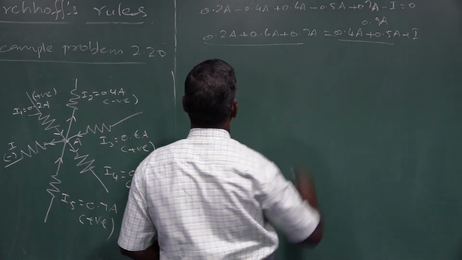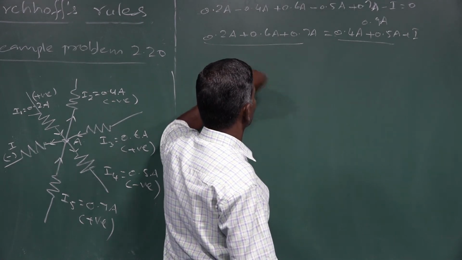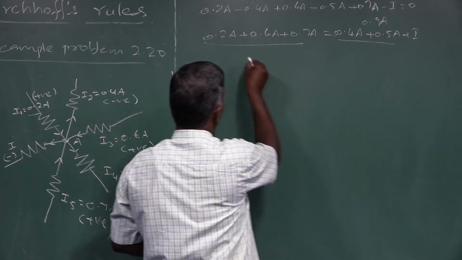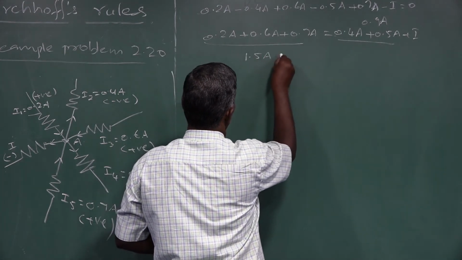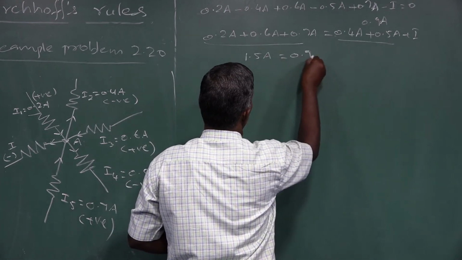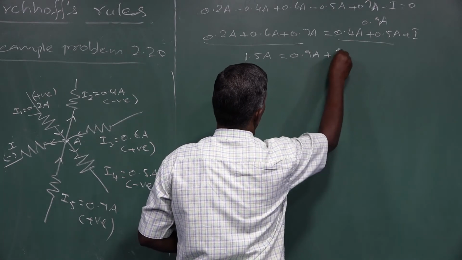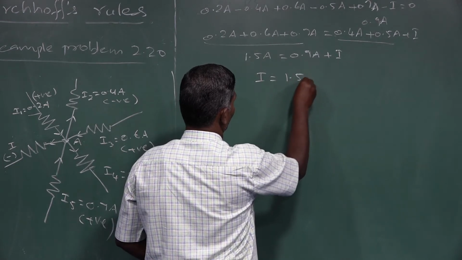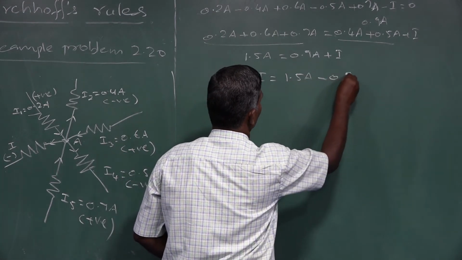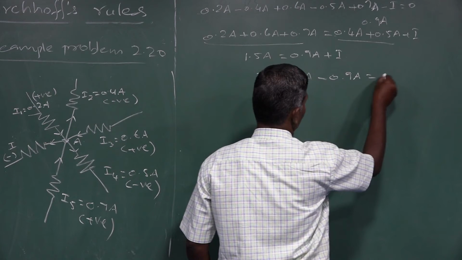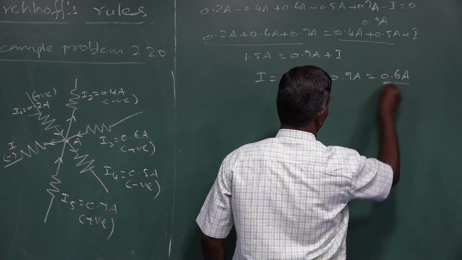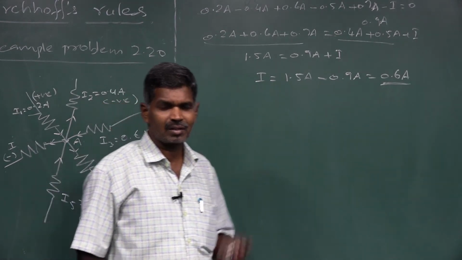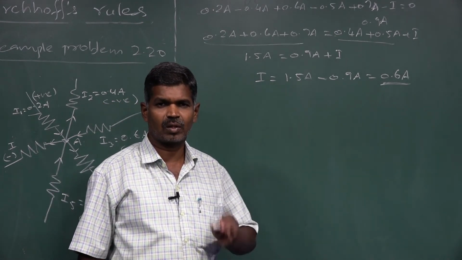These total values, 0.2 plus 0.6, 0.8 it becomes, then 0.8 is going to add with 0.7, there we have 1.5 ampere equal to 0.9 ampere plus I. Then the I value we want to find, I is equal to 1.5 ampere minus 0.9 ampere. Then its value is 0.6 ampere away from the junction. It is an example sum for Kirchhoff's first rule.